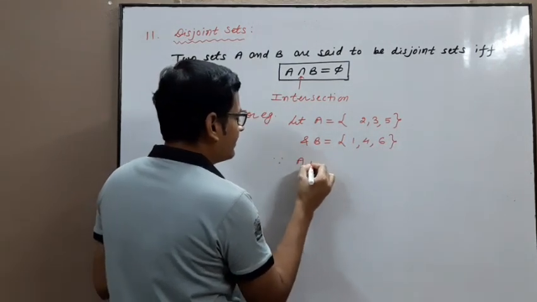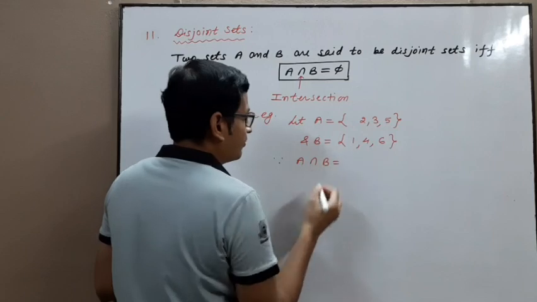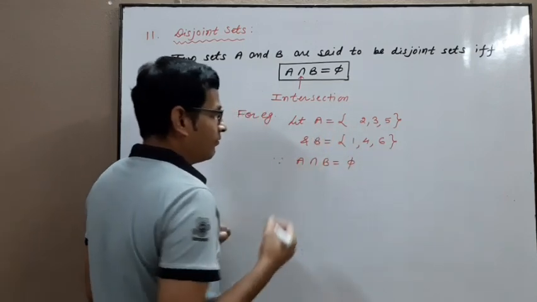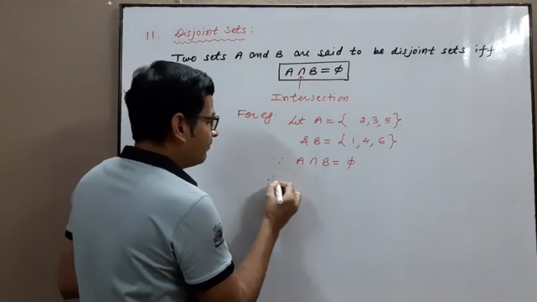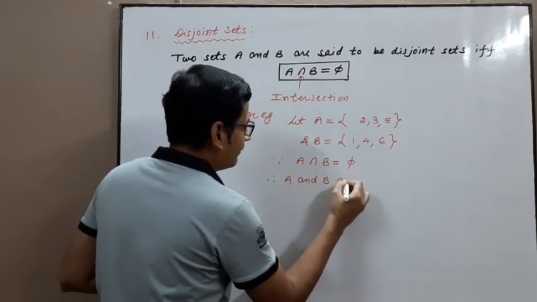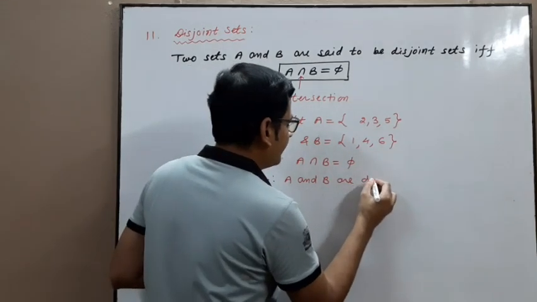Since A intersection B is empty, there is no common element, meaning A intersection B equals phi. Therefore, A and B are disjoint sets.